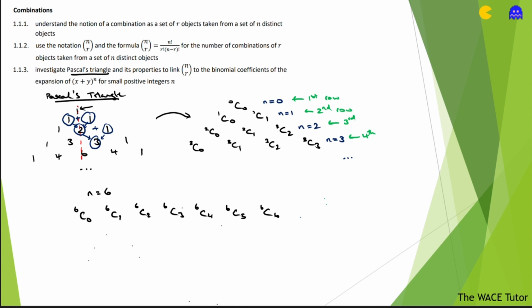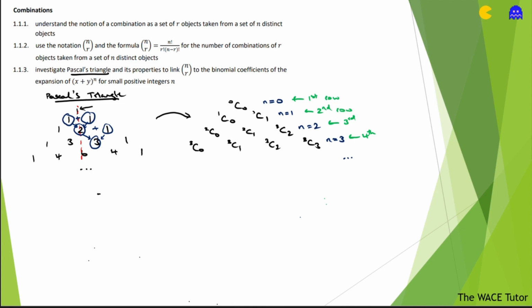And we can evaluate each of these numbers. There's one way of choosing 0 objects from 6 objects, so 1. 6 ways here. Let me try to remember what this one was. 15, 20, 15, 6, and 1.